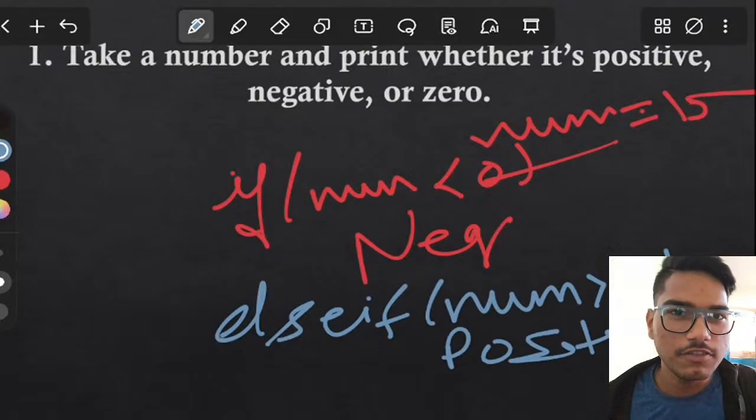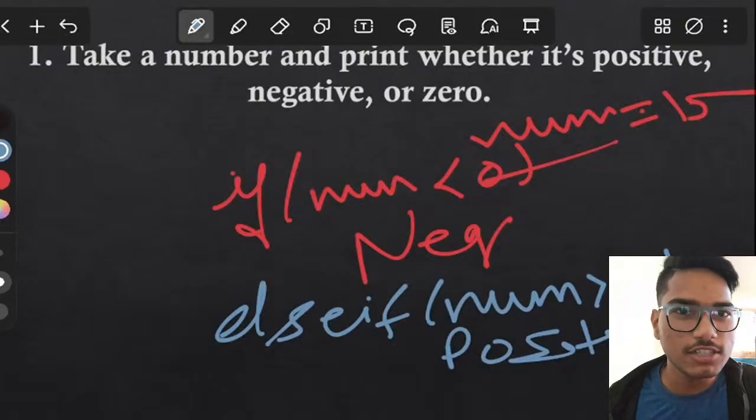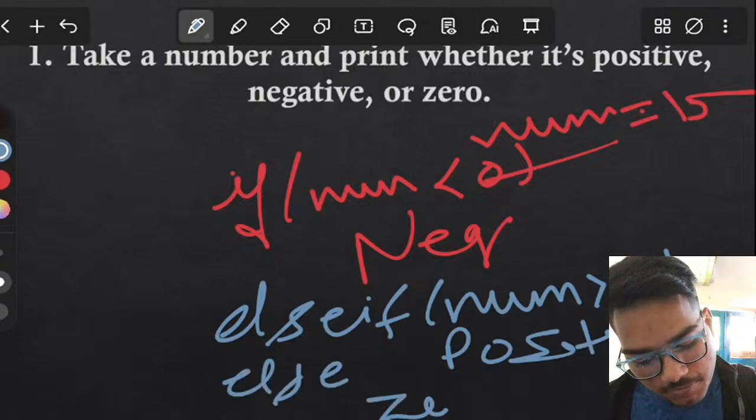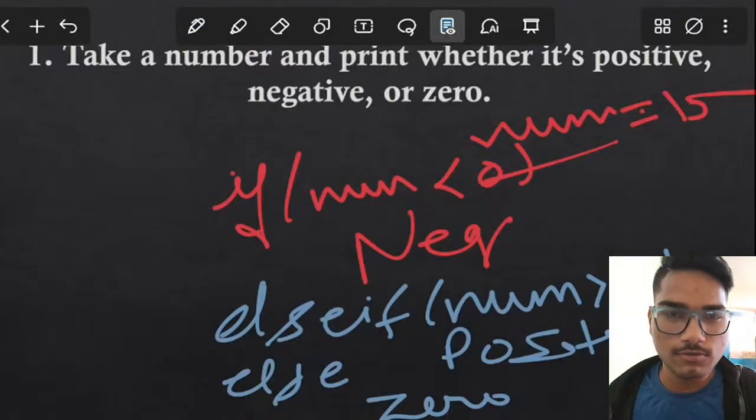And last, if the number is neither negative nor positive, the last condition is the number is 0. So in else we are going to write number is 0. So this was the only logic that you need to know.